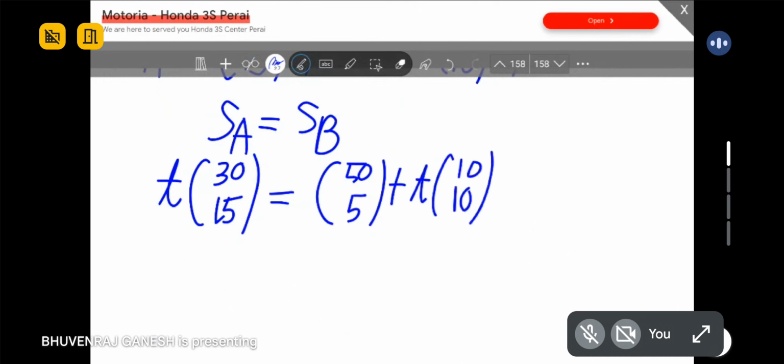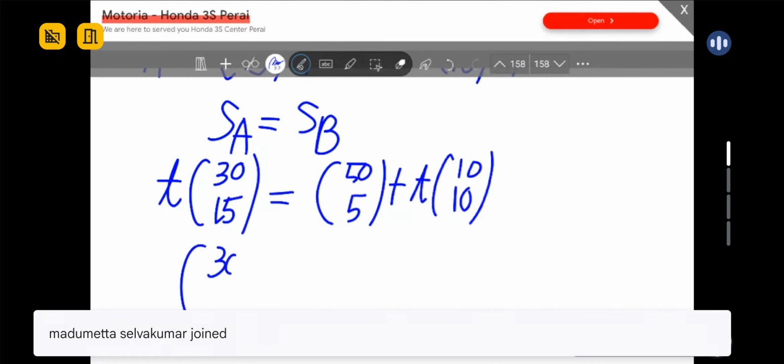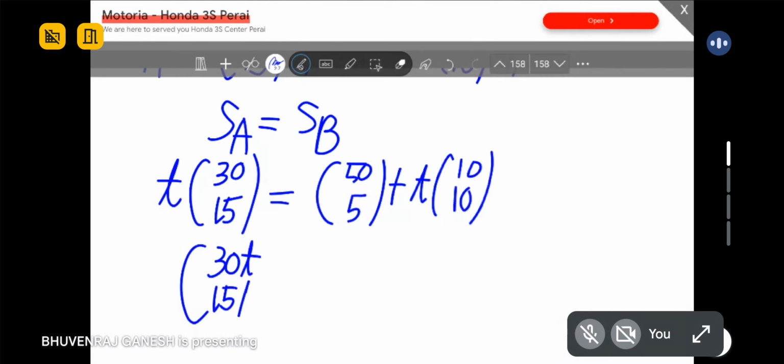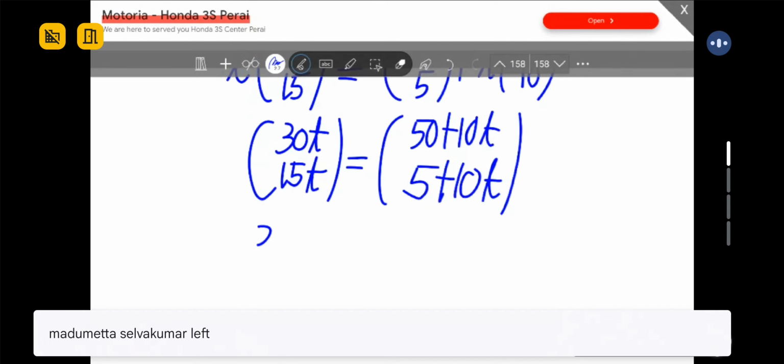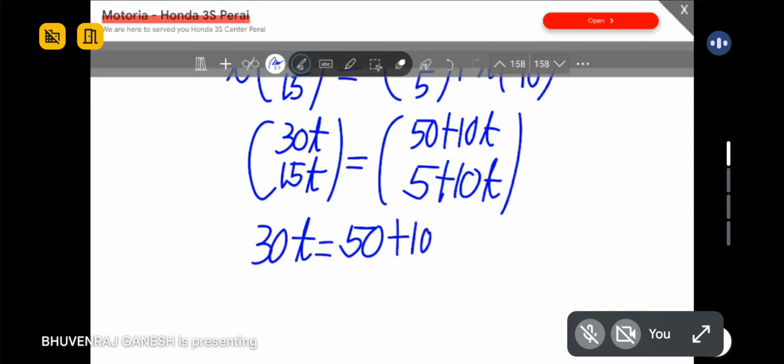So this is the equation, guys. Persamaan. So you have 30T, 15T is equal to 50 plus 10T, 5 plus 10T. So you find the value of T. Cuba cari nilai T. So you will have 30T is equal to 50 plus 10T.